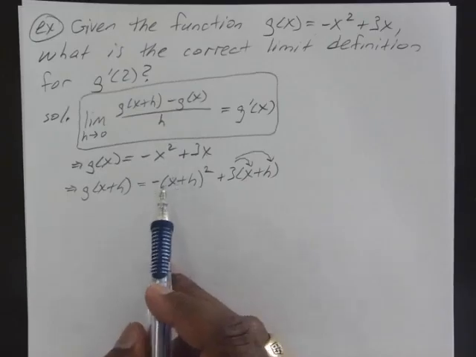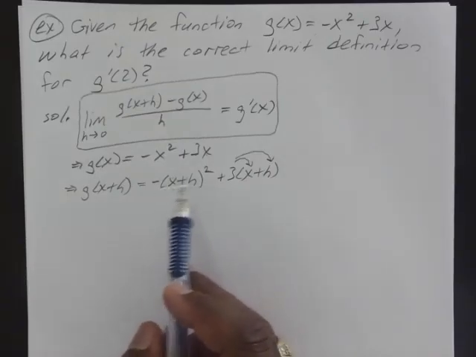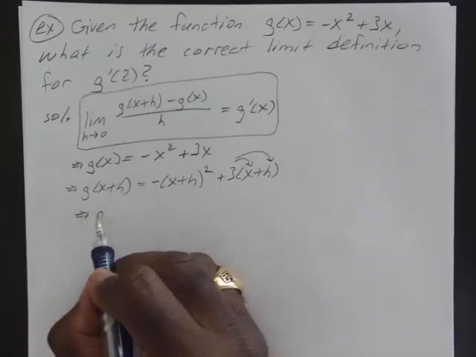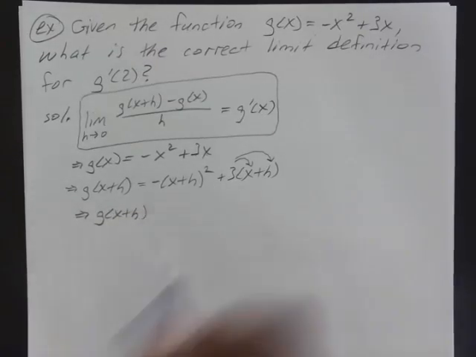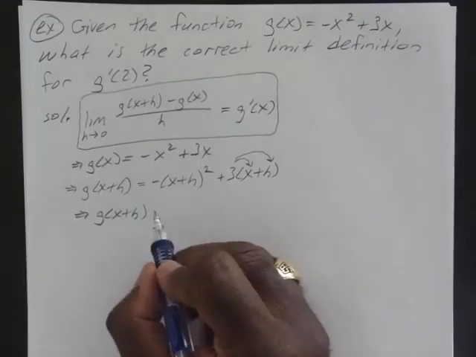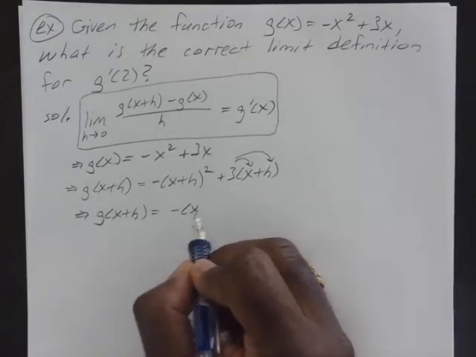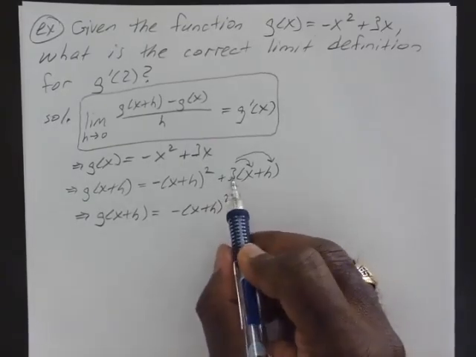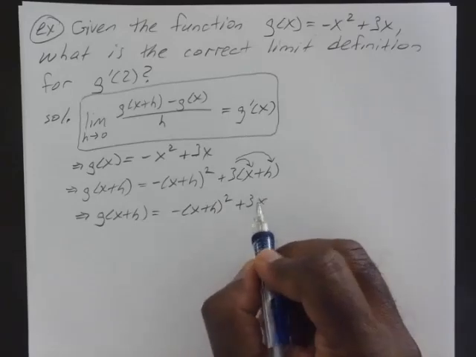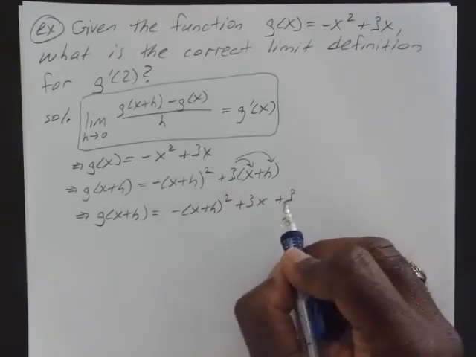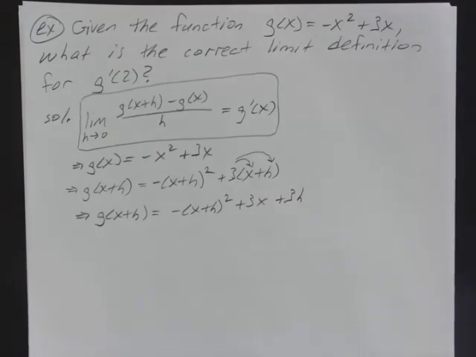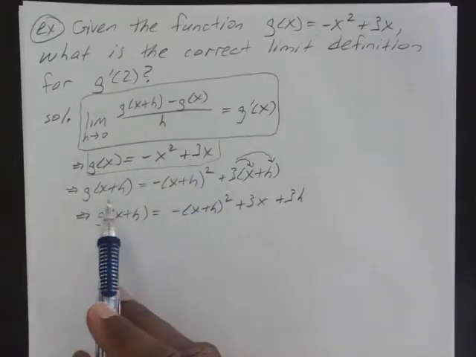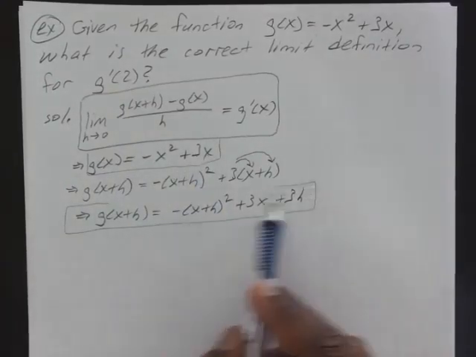And most of the time, they don't make you factor this one out or expand it. So you can sometimes leave that the way it is. So that's just negative x plus h squared plus 3 times x plus 3 times h. Okay, so we have our g of x and our g of x plus h.